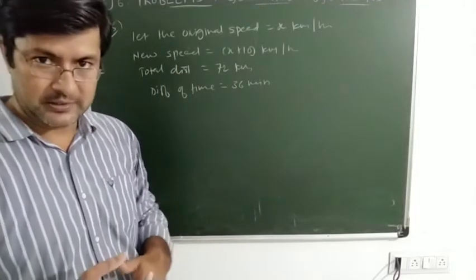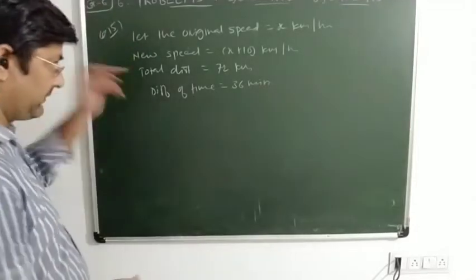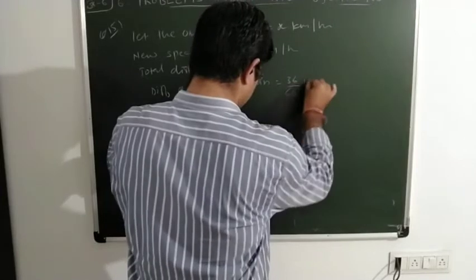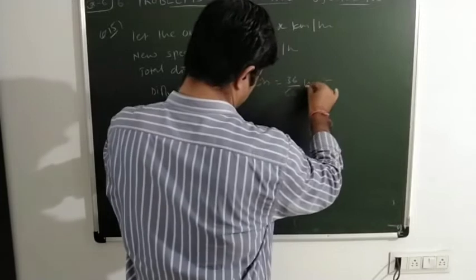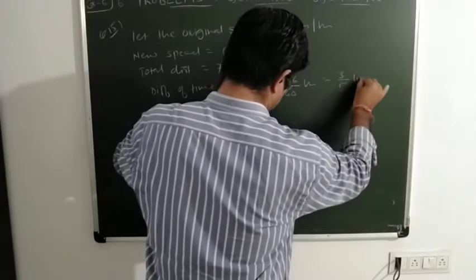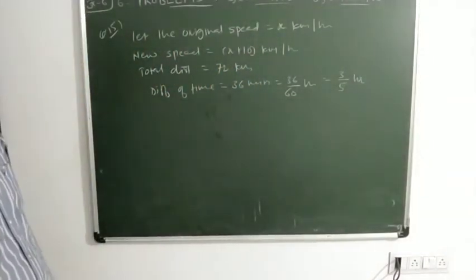Obviously, if you increase the speed, time will decrease. Clear? So the difference is 36 minutes. That is 36 upon 60, therefore by 12, 12 3s and 12 5s, so 3 upon 5 hour.